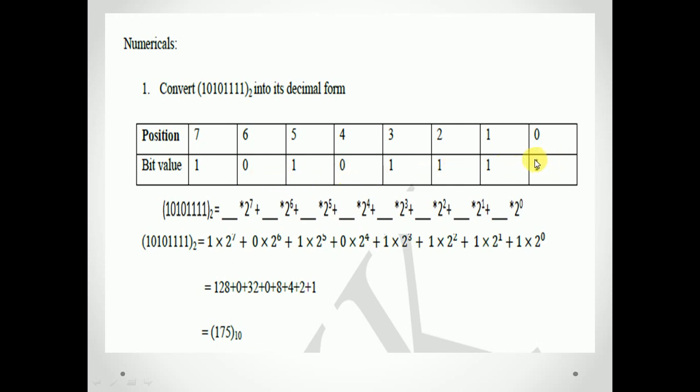10101111. Now the right-hand side bit, the bit at the extreme right, that is 1. This is the least significant bit, LSB.